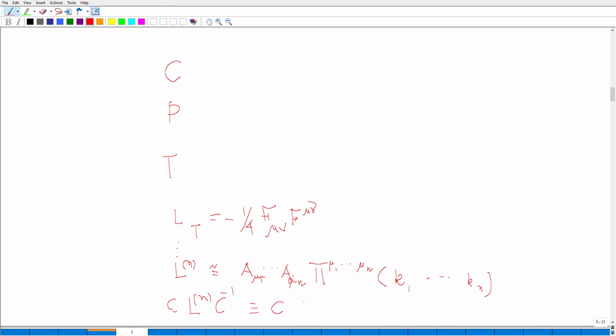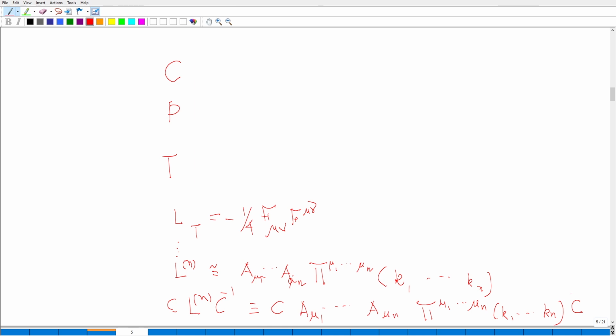The contribution of Pi of mu 1 to mu n comes from the Lagrangian that is symmetric under charge conjugation.